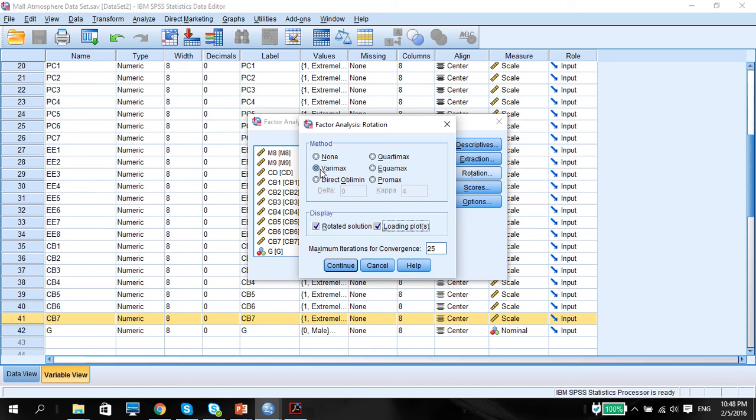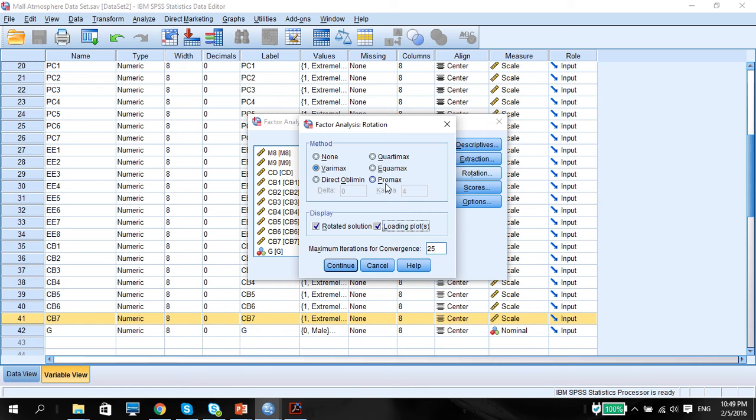The reason why I'm using varimax is because I'm using an orthogonal rotation. An orthogonal rotation means that I assume that the items are not correlated, so when I rotate, it will give me a much easier interpretation of my variables.